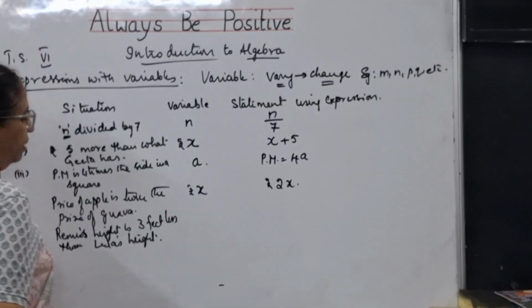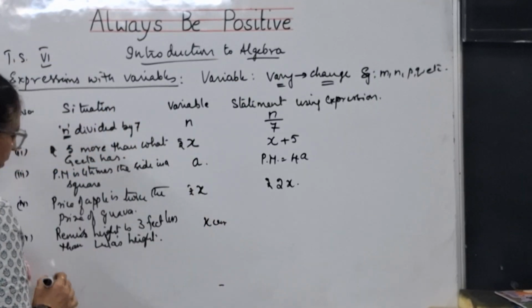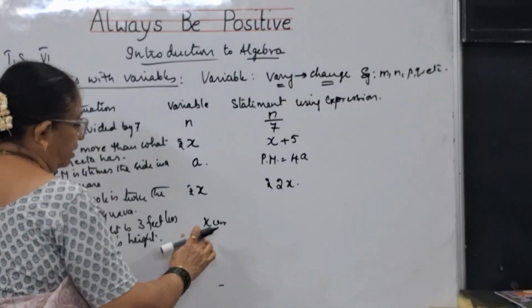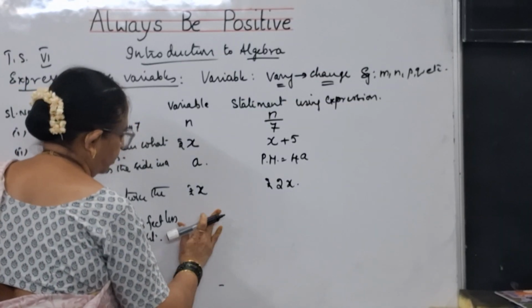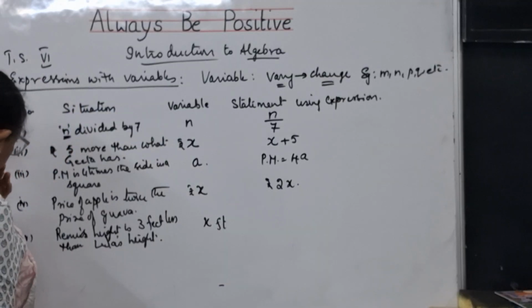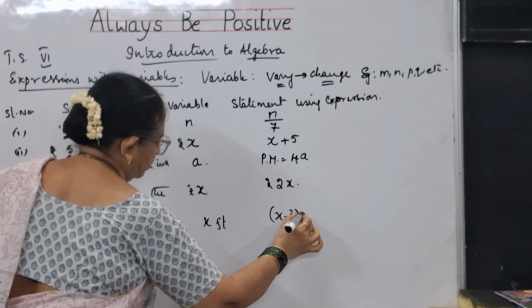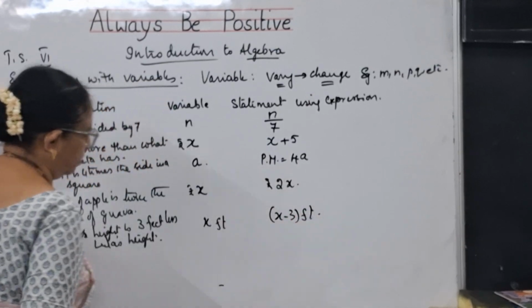So let us consider Leela's height as x feet. They are talking about feet now, x feet. So Renu's height is 3 feet less. That means x minus 3, less means minus. This is the solution.